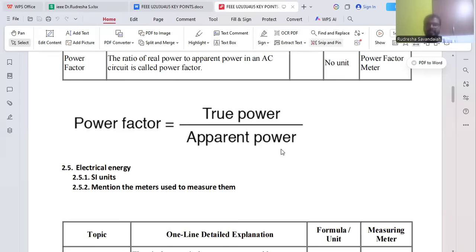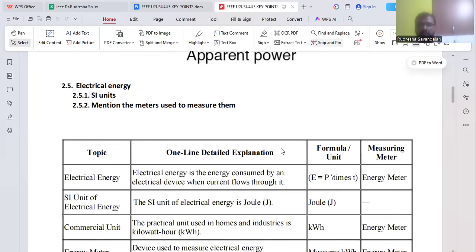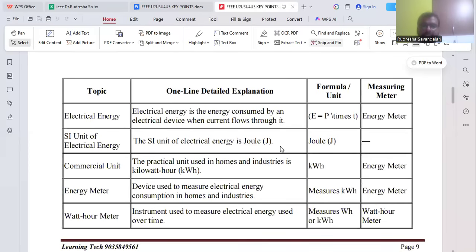Electrical energy: SI units and the meters used to measure them. Electrical energy is the energy consumed by an electrical device when current flows through it.